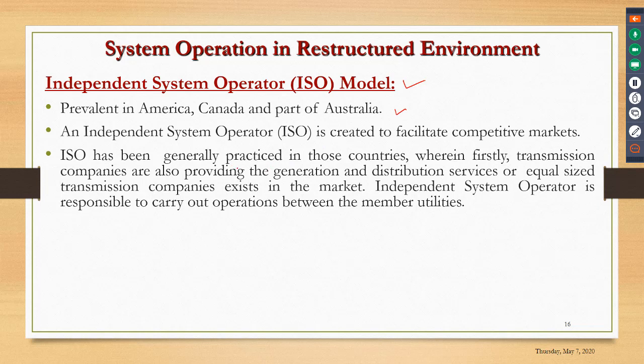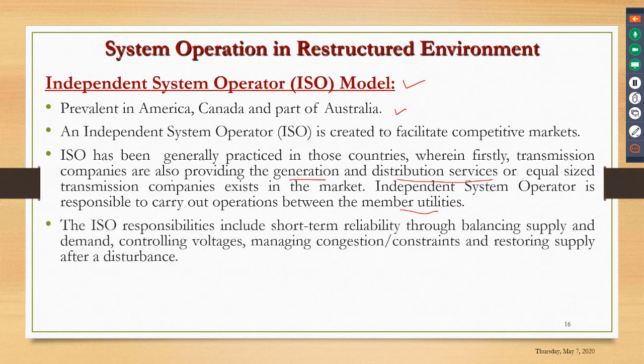ISO has generally been practiced in those countries wherein transmission companies are also providing generation and distribution services, or equal-sized transmission companies exist in the market. The independent system operator is responsible for carrying out operations between the member utilities, meaning generators and distribution utilities.